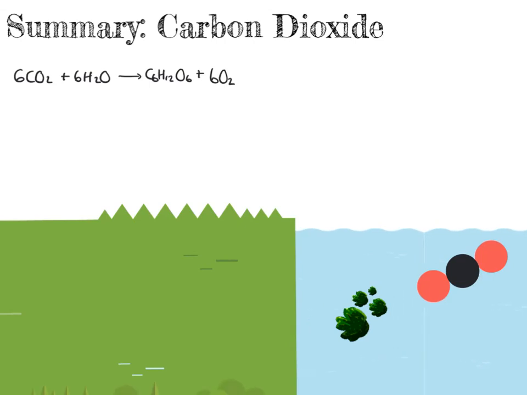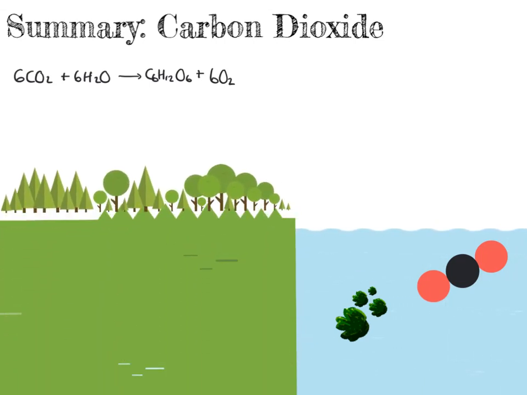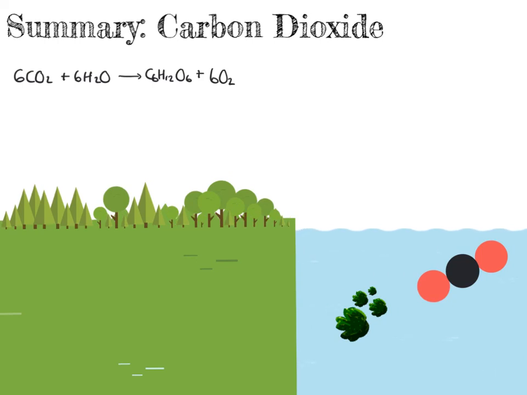On land, plants evolved eventually, and these plants also absorbed some carbon dioxide from the atmosphere for photosynthesis, converting it into oxygen, which is another gas that we'll look at separately.